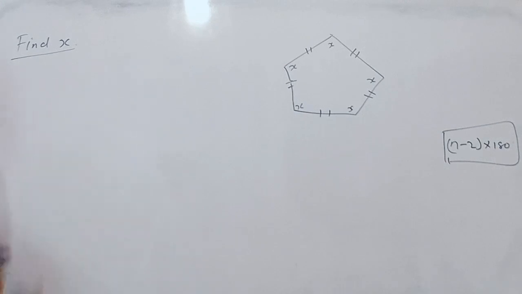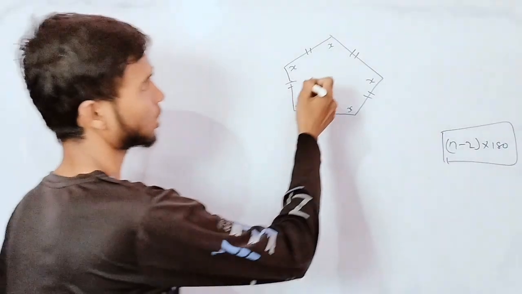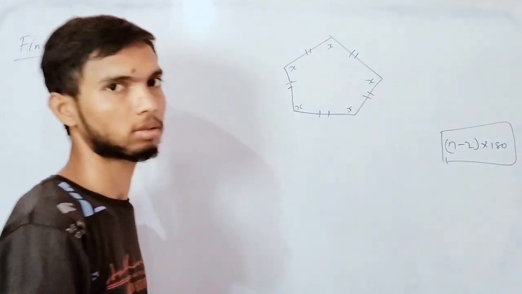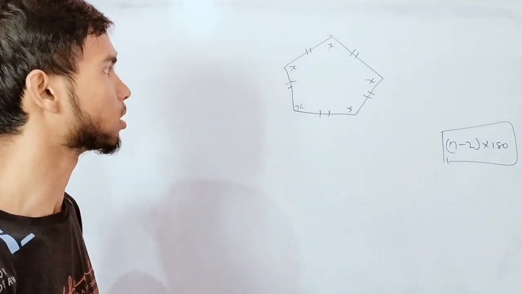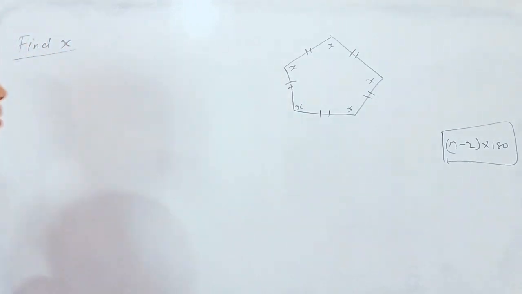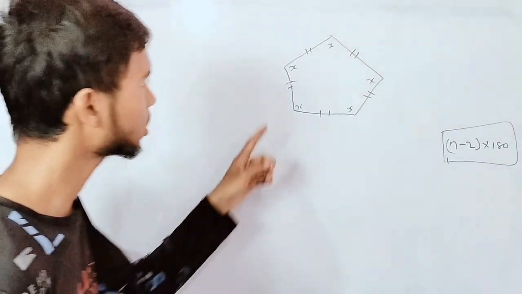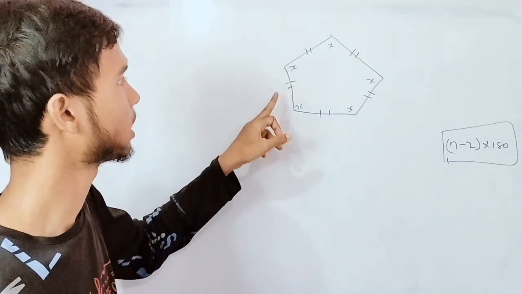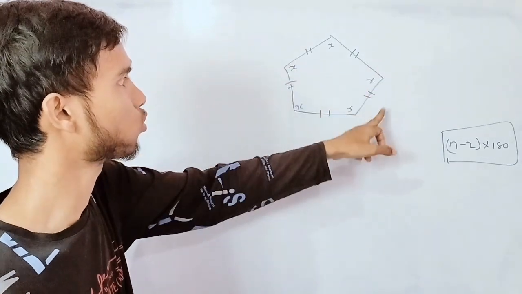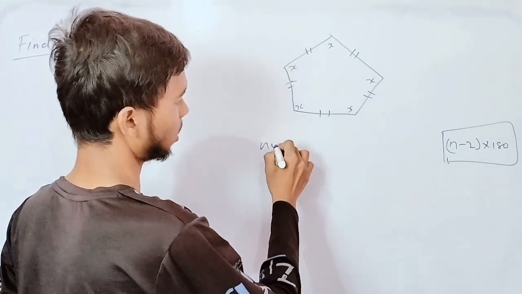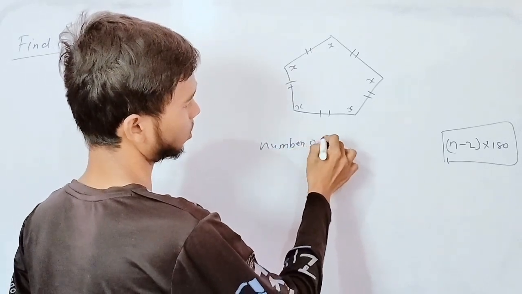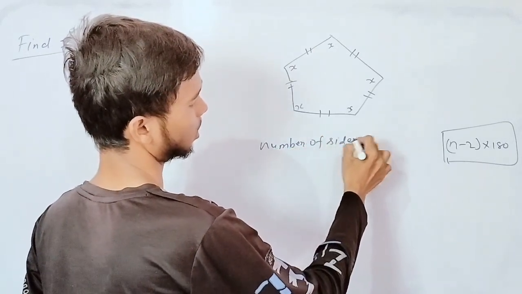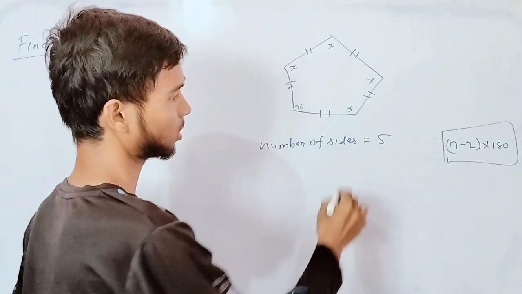Now here we have this question. The question is asking to find x. Find x from this figure. Now observe the sides. Number of sides is how much? This is 1, 2, 3, 4, 5. The number of sides is 5.